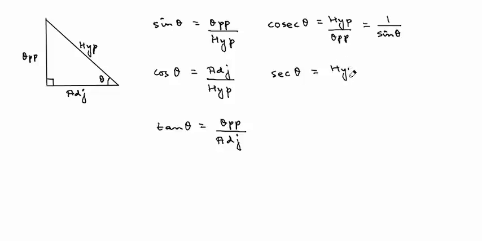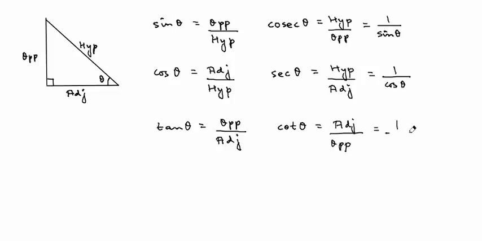It's hypotenuse over the adjacent, which is equal to 1 over cosine theta. And the cotangent theta, also written as cot theta, is equal to adjacent over the opposite, which is the reciprocal of tan theta or tangent theta.